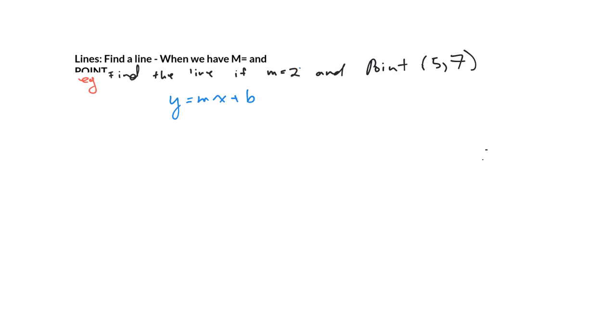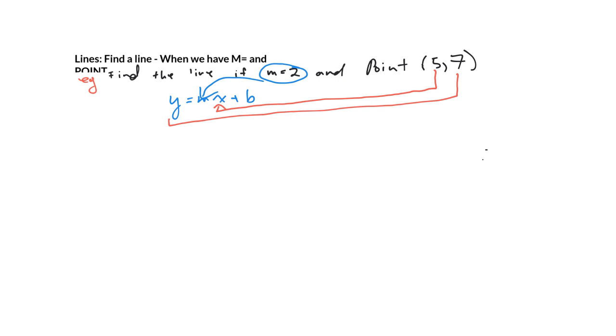You know that m is 2, so we're going to put 2 in for m. And here's the hard part. The key idea is to replace x with the 5 and y with the 7. Remember, anytime we draw points, we always use x and y, and we're going to shove those into our equation.